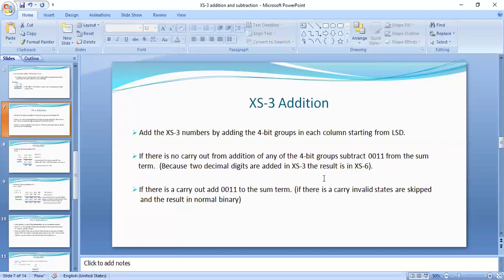But in XS3 addition, to get the result in XS3, just add 0011 to the sum term. If there is no carry, subtract 0011. If there is a carry, add 0011 to the sum term. So these are the rules to perform XS3 addition.